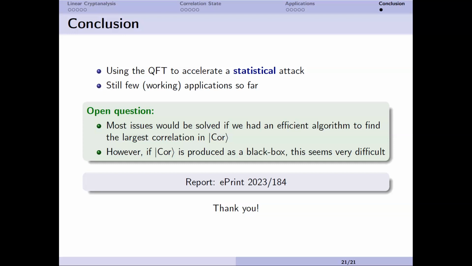The application to binary cryptanalysis seems natural in retrospect because of these statistics that you compute with the FFT. My guess is that everywhere there is a statistic that involves the FFT, it could be useful, but I don't have any other great examples in mind.